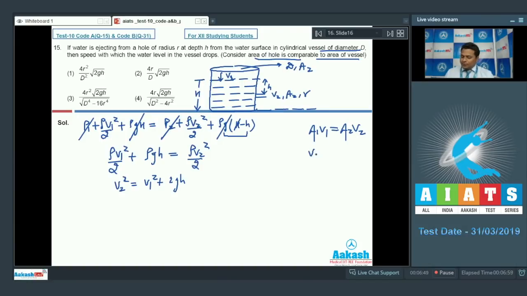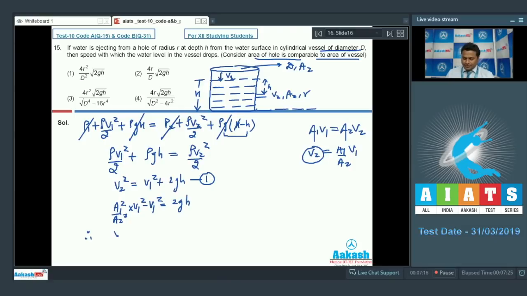Now the value of V2 we can write A1 upon A2 multiplied by V1. This V1 we have to calculate. Putting the value of V2 in equation number 1, we will have A1 square upon A2 square multiplied by V1 square minus of V1 square equals 2GH.